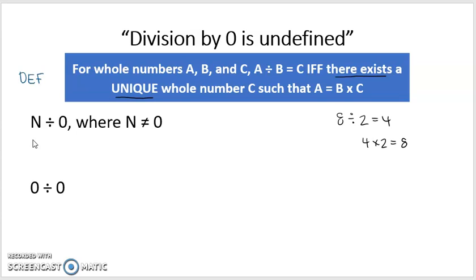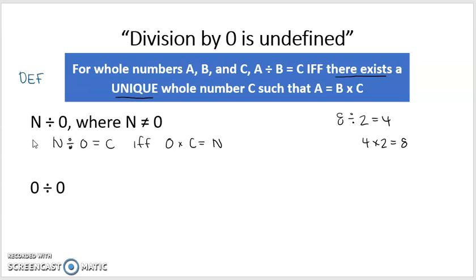First, when you have a number that's non-zero divided by 0, what does that equal? Well, let's assume it equals something. So n divided by 0, let's say that equals some number c. Could it equal a number c? Remember, n is not 0. Well, by the definition, n divided by 0 equals c if and only if 0 times c equals n.